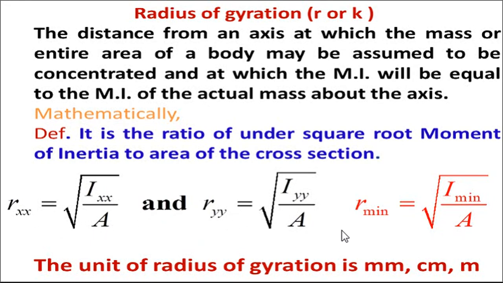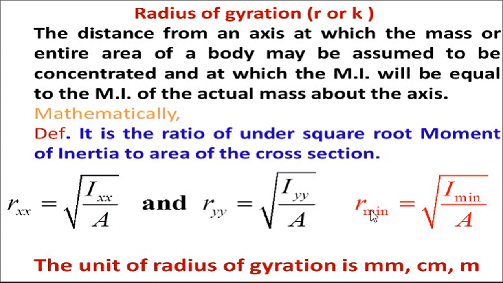Sometimes in the design of a column, they ask you to calculate I minimum, or you can say R minimum, because buckling of a column is always determined considering the minimum radius of gyration.